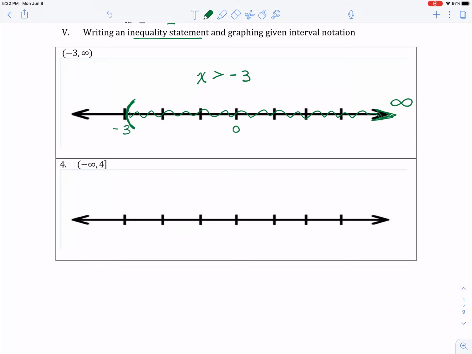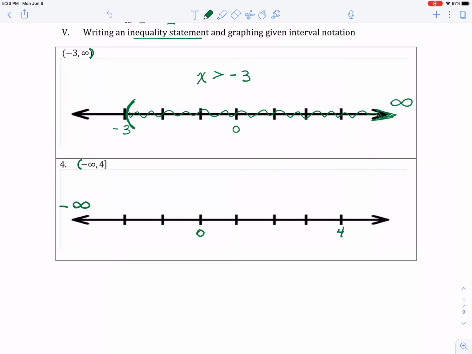All right, so taking a look at the next example down here, we have parentheses, -infinity, comma, 4, bracket. So again, let me just put something here for 0, and that means that number, a specific marking out there, that hash mark will be positive 4. So we're starting down here at -infinity. Notice for infinity, when we're at the infinity side, those are always going to be parentheses because we can't ever reach that point.